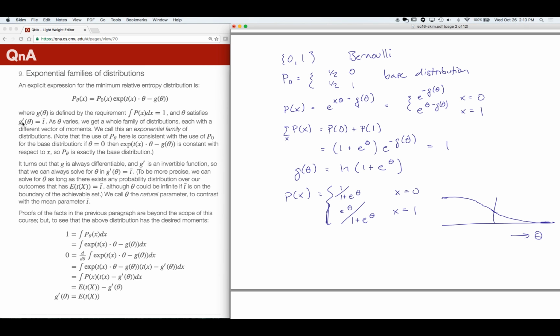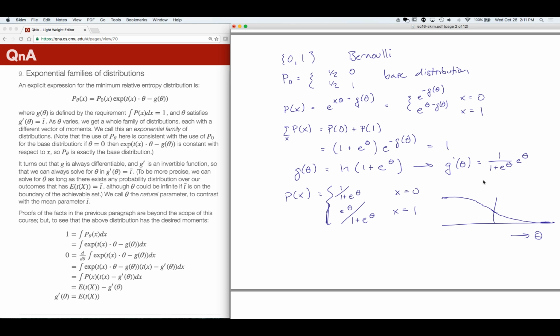In particular, this implies that g prime of theta is equal to 1 over 1 plus e to the theta, times, the derivative of log is 1 over x times the derivative of what's inside, which is e to the theta.